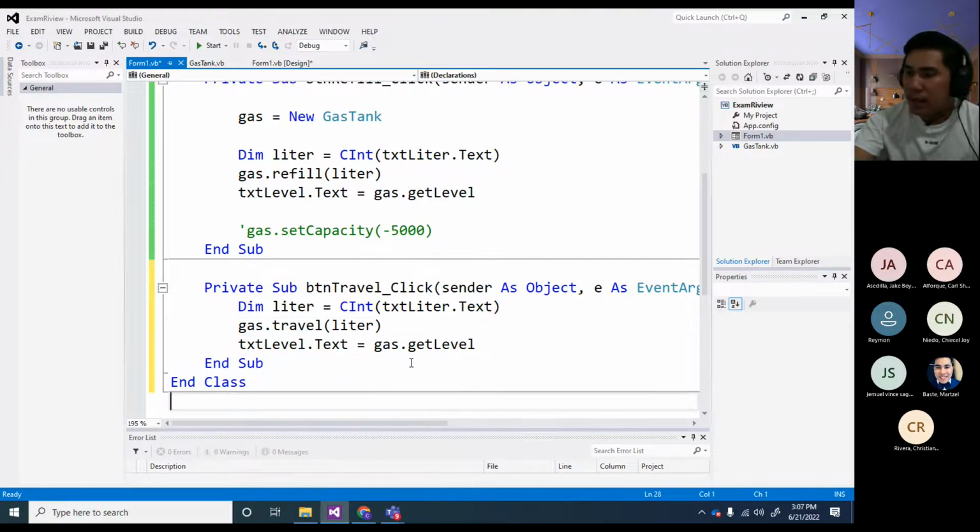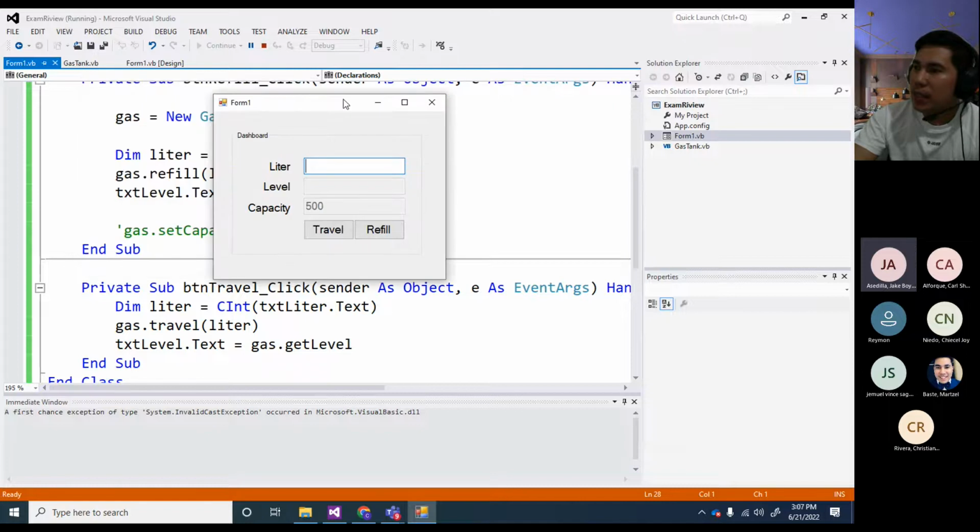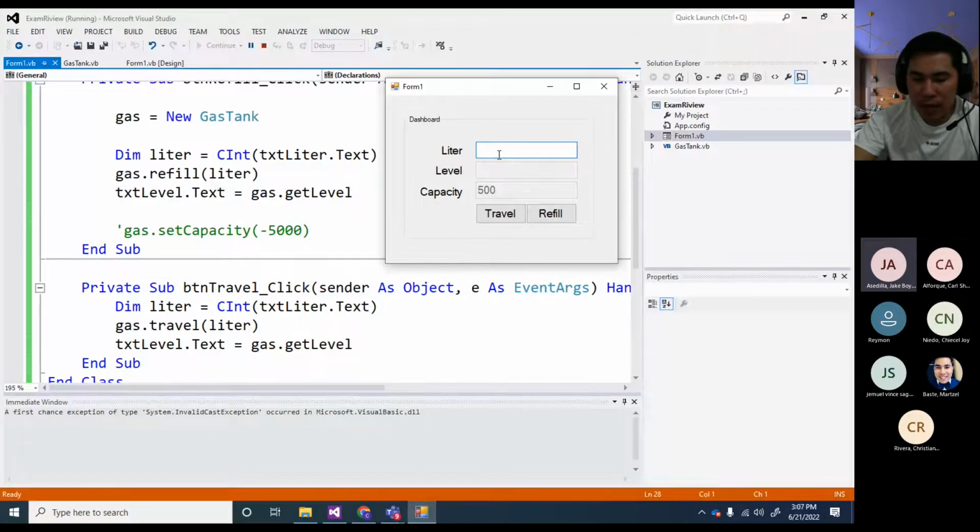Then txt level is equal to gas tank get level. That's right. So let's add, let's say, 500.